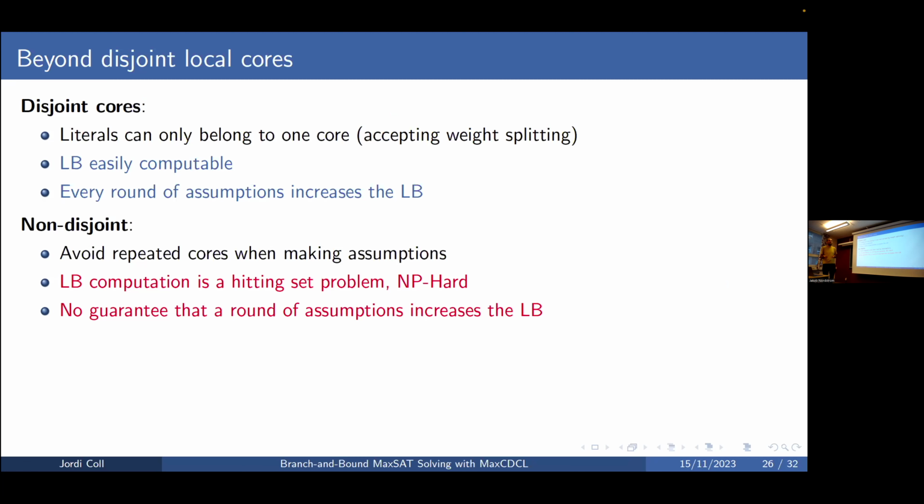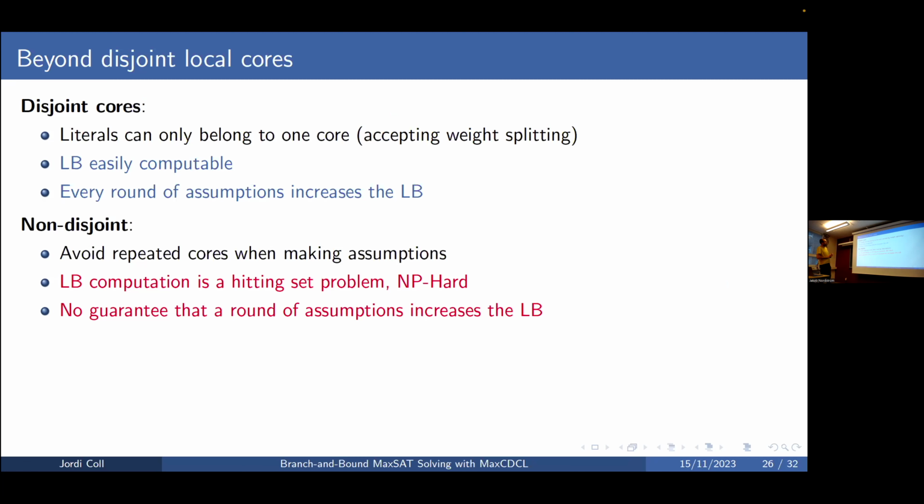Hitting set solvers can do this at level 0 with an IF solver. Excellent, but I think during search at every node, it's too time consuming, probably. Also, there is no guarantee that every time we find a new core, we will increase the lower bound if they are not disjoint.